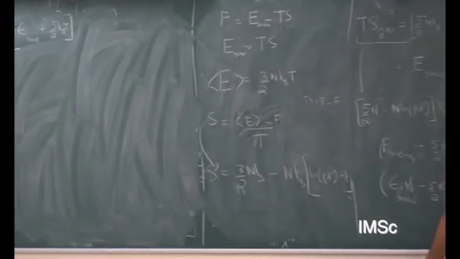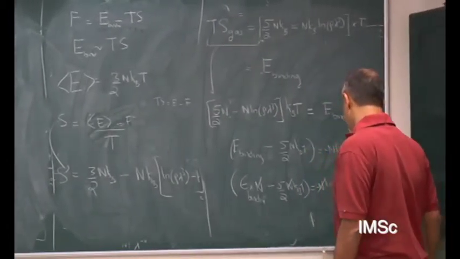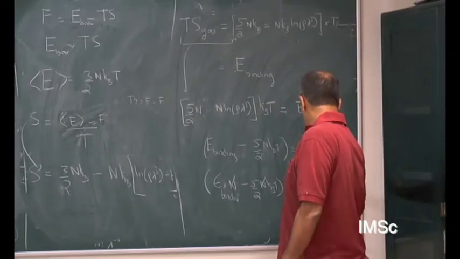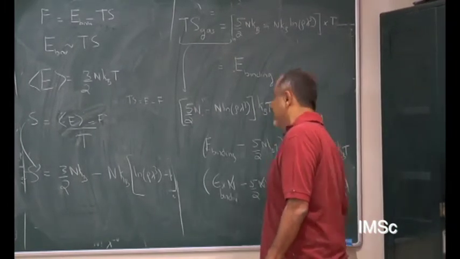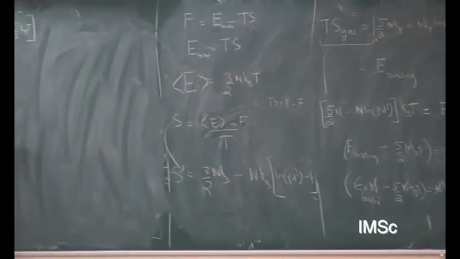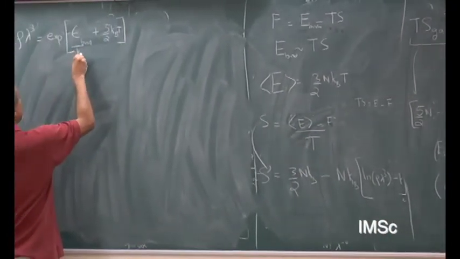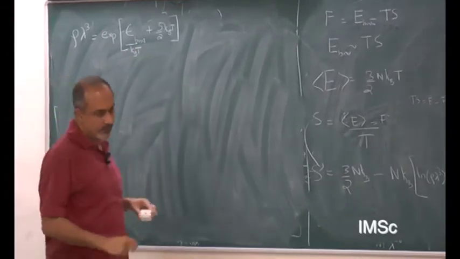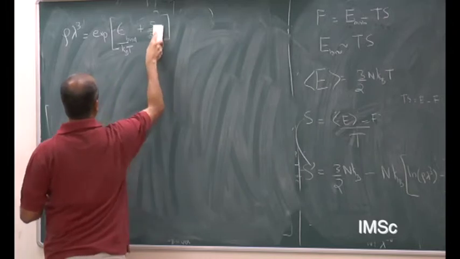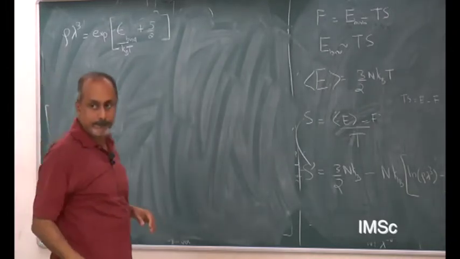Okay, perfect. All right. And then I have a kBT factor here. Okay, perfect. That's exactly what I wanted. I have a factor of E binding divided by kBT, and the second term is just 5 by 2. Okay?